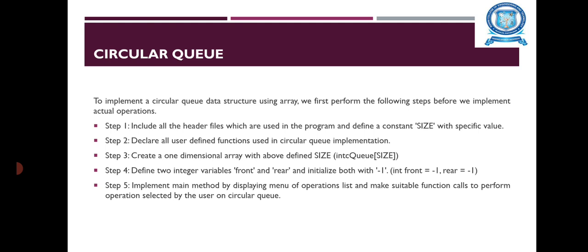Next step is to create a one-dimensional array with the above defined size. Then define two integer variables front and rear and initialize both values with -1. The final step is to implement the main method by displaying the menu operations list and make suitable functions to perform the operation selected by the user on the circular queue.